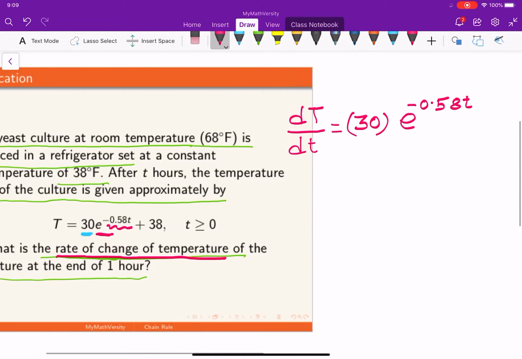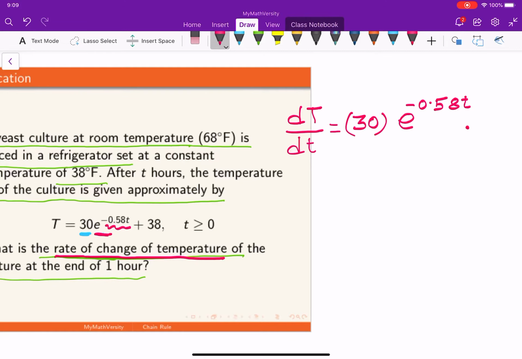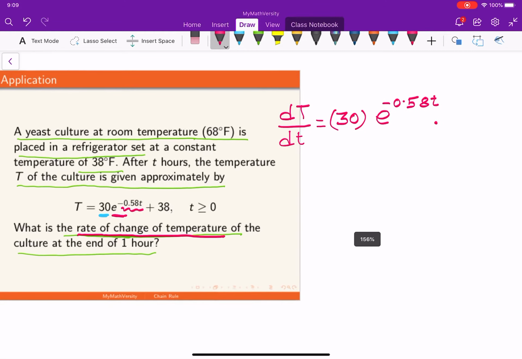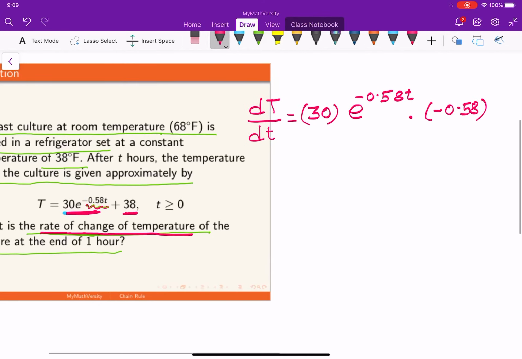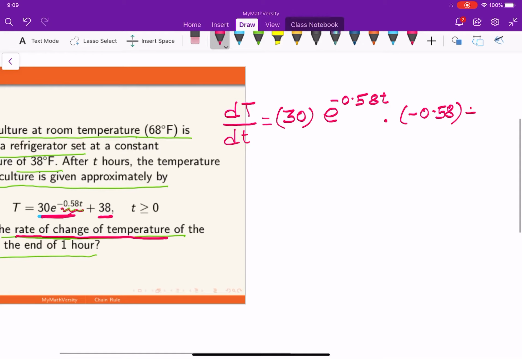But since this is a composite function, because of the chain rule we need to multiply by the derivative of negative 0.58 t with respect to t, which is just negative 0.58. This is the derivative of the first term, and then plus the derivative of the constant, which is just 0.